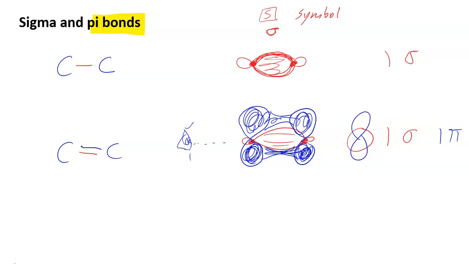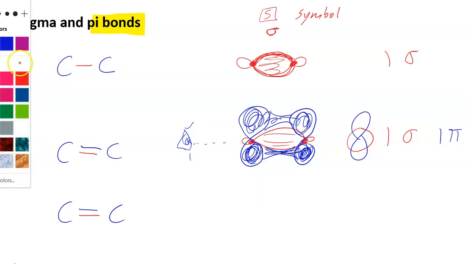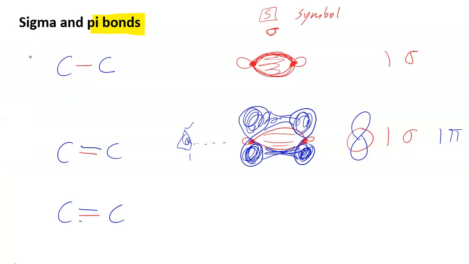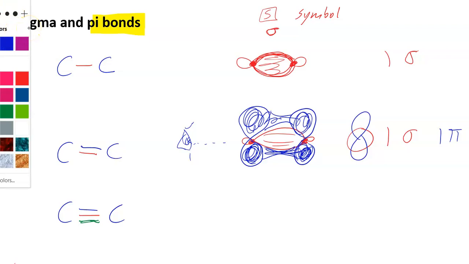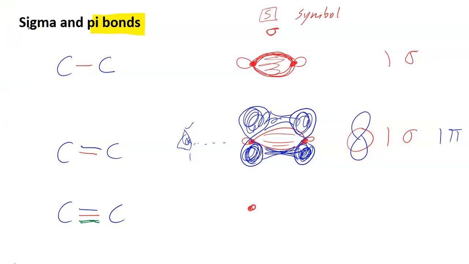Okay, well, let's say that you had a carbon with a triple bond. Let's go with this color. Well, you're going to have the original bond over here, and it's going to overlap top and bottom, and all that space is taken up.